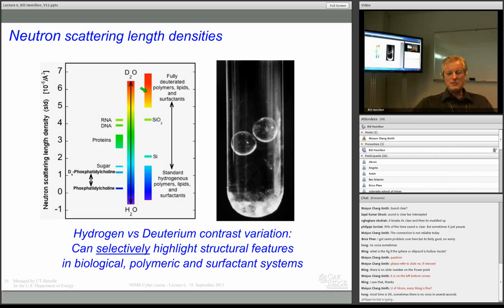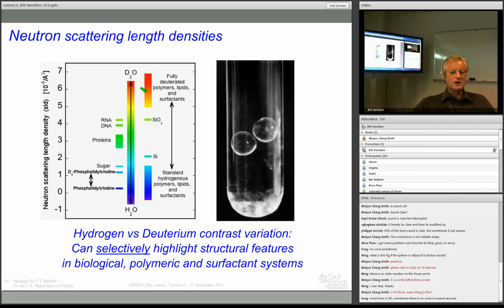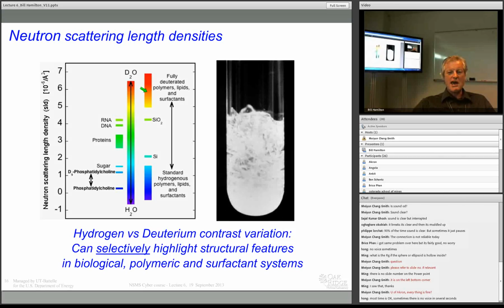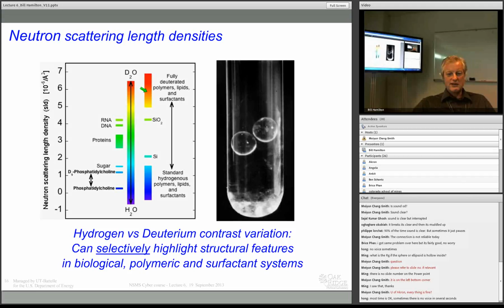Now that's an optical analogy, a trick played by fiddling around with the refractive index of a glycerol water mixture, but we can do exactly the same thing. If we were like this, we couldn't see anything, it scatters light as a mess. Now the scattering we see is from those two Pyrex spheres that are hidden behind all that glass wool. Same thing happens with neutron scattering.